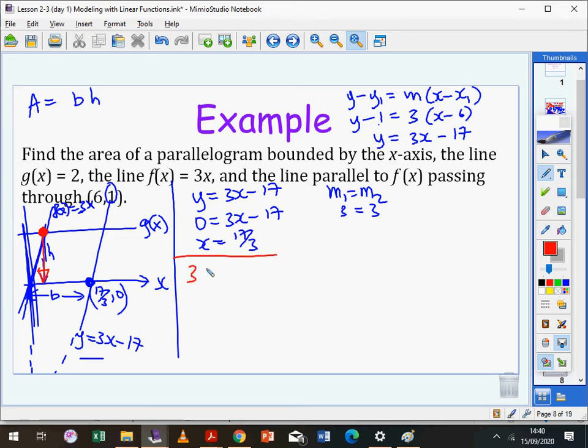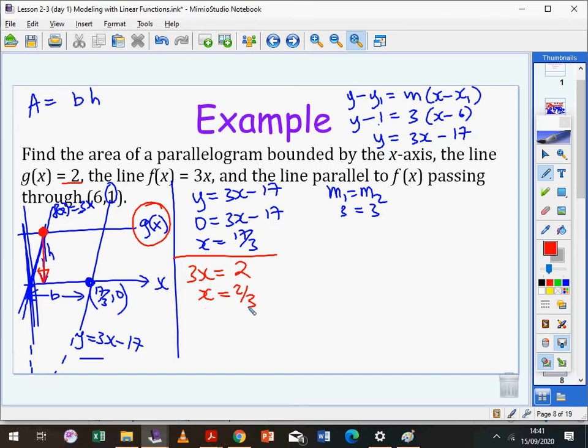3x is equal to this function g of x, and remember g of x was 2, so 3x is equal to 2. I solve for x and I get x is equal to 2/3.